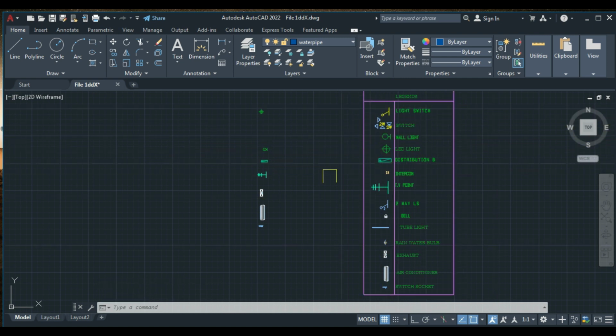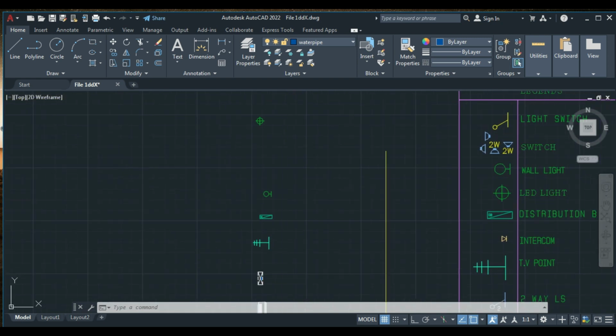This is the legend table for the electrical symbols that will be used here in this drawing. This symbol is for LED light.